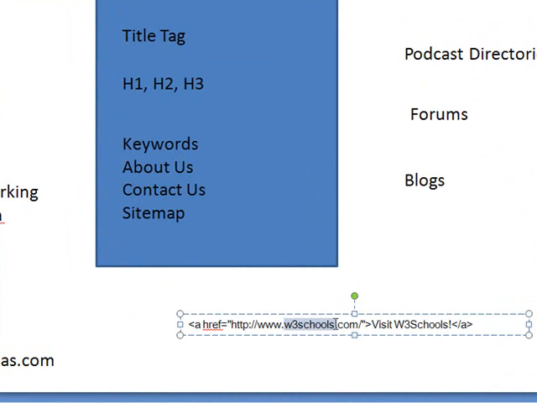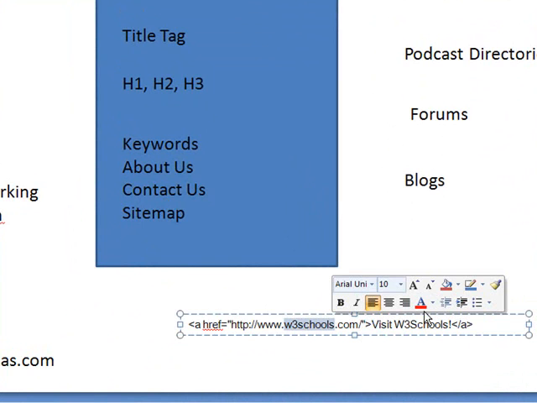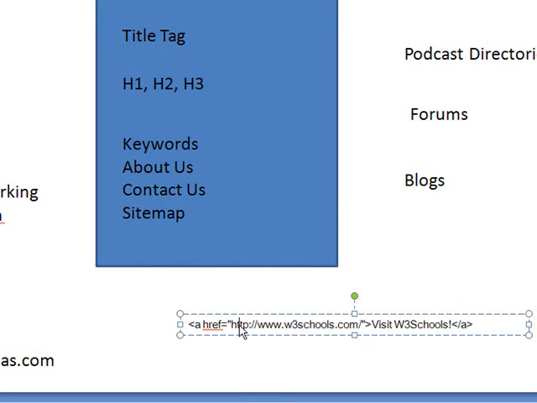So if I wanted a link to my In My Pajamas website, I would change this URL here, which is currently http://www.w3schools.com, and put in inmypajamas.com, and then just change this text to whatever keyword I wanted to actually appear as the text.